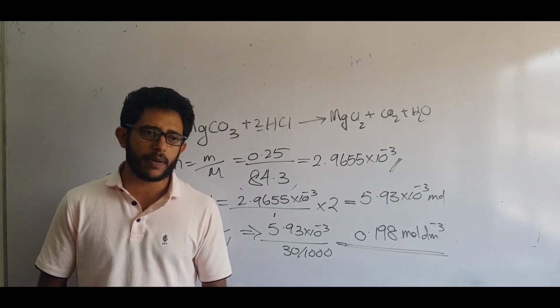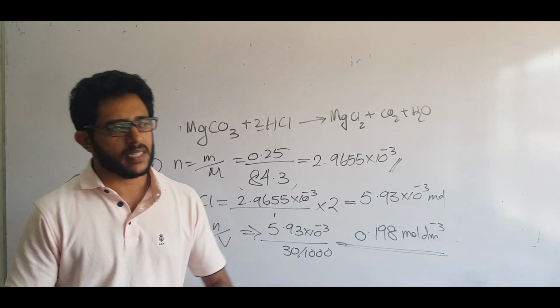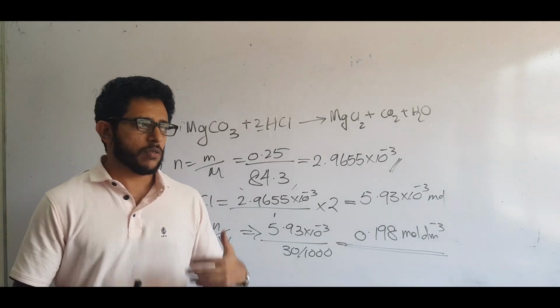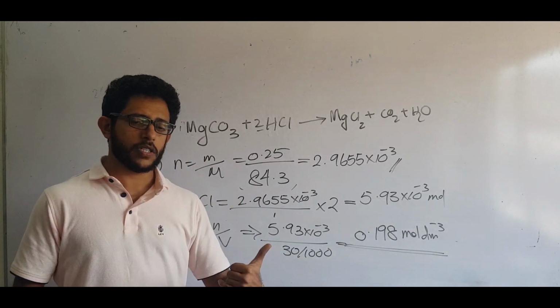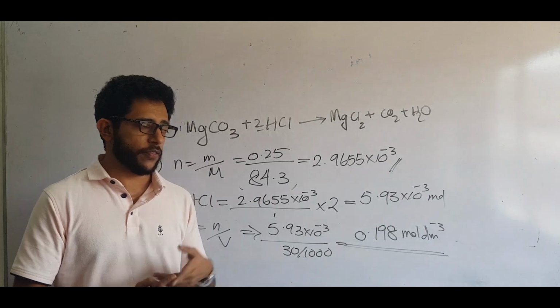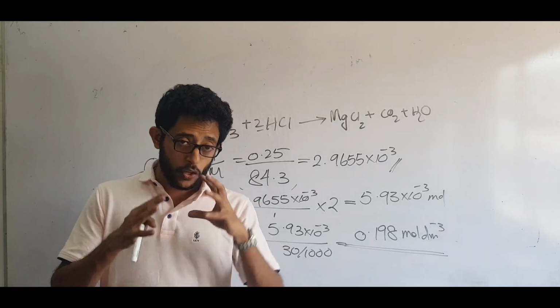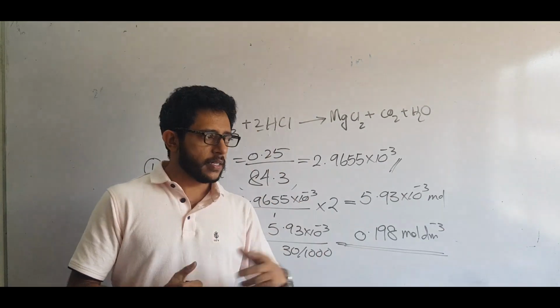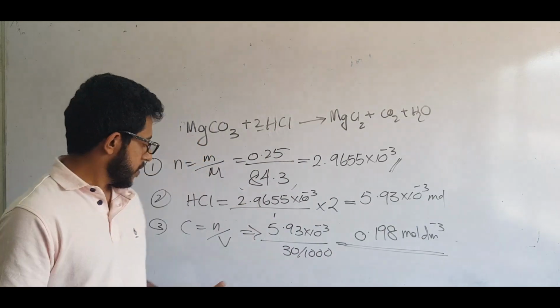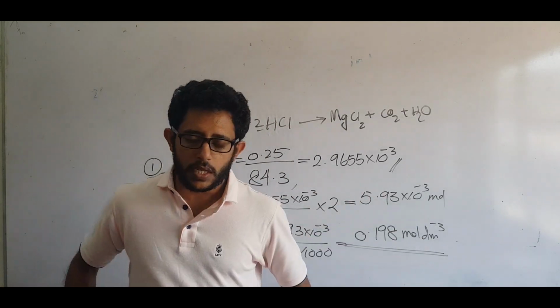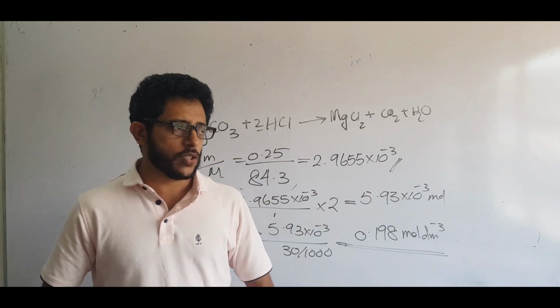So I did one example and we did 2 past paper examples. The same things will apply. So the same idea. Find the amount using the given data, use the molar ratio to find the required quantity, and then convert it back. That's how we do it, right?